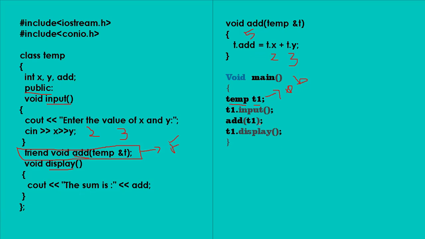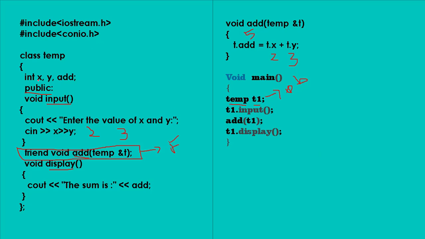In this case, when it goes to add, what are the values of x and y? 2 plus 3, 5. 5 will be stored in add, and when the control goes to display, the sum is 5 will be displayed. So it is a simple program, but the only thing is we are using a friend function in order to add the two numbers.